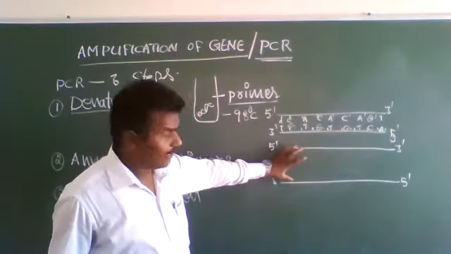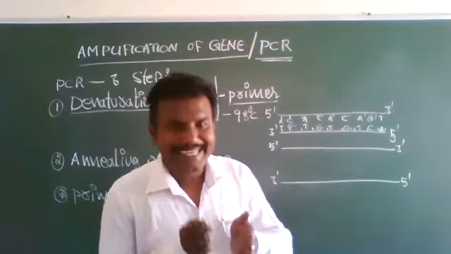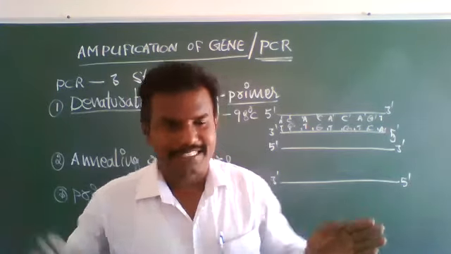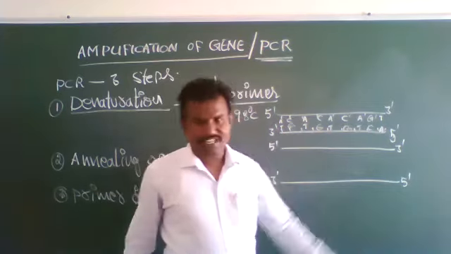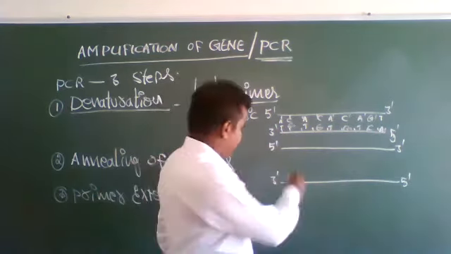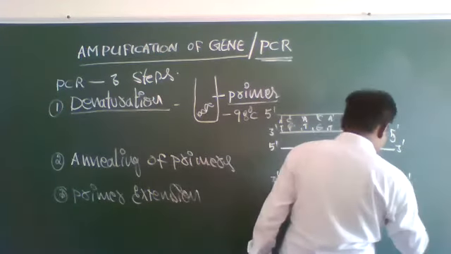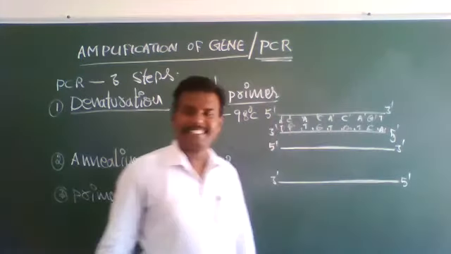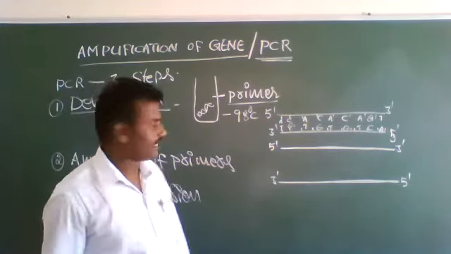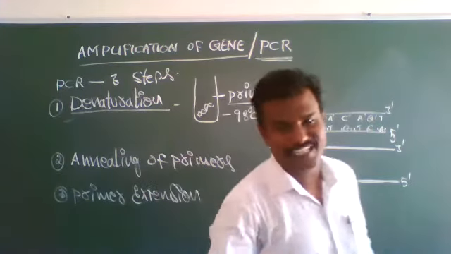Due to heat, the double-stranded DNA splits by breaking the hydrogen bonds between the two strands. Then it becomes single-stranded. That is called denaturation. The word itself gives the meaning.